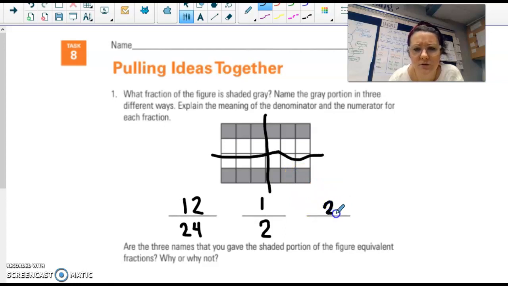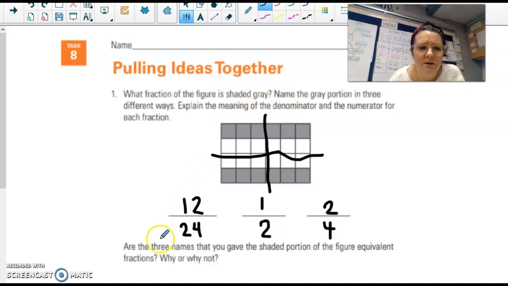So 2/4. 2/4 would be shaded. So I didn't change the amount shaded, but I changed how it was divided.